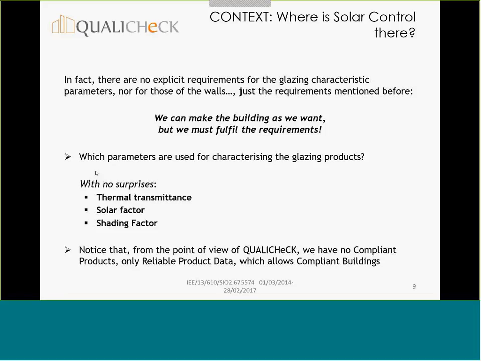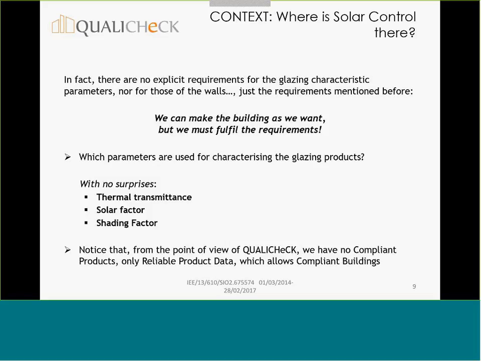Then the energy consumption, the net energy demand, are calculated as the directive is saying in standard conditions, and it is affected obviously by the parameters used for characterizing every one of the elements in the building, from the glazing to the technical system, the boiler efficiencies, and things like that.